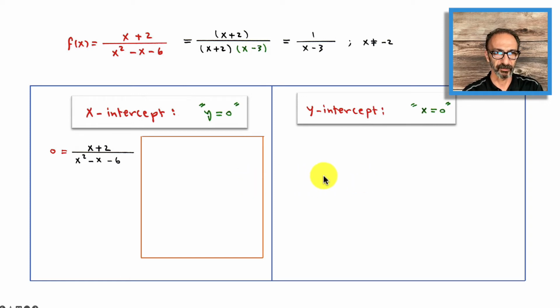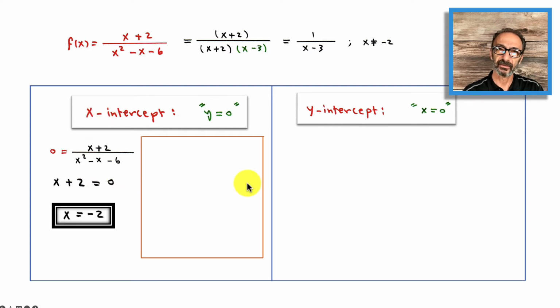Let me show you what I mean. So y equals 0. Here's the fraction as it was given to me. But a fraction like this will equal 0 if the numerator equals 0, meaning x plus 2 equals 0. Then I would say, okay, so the x-intercept is x equals -2. But that's not true.